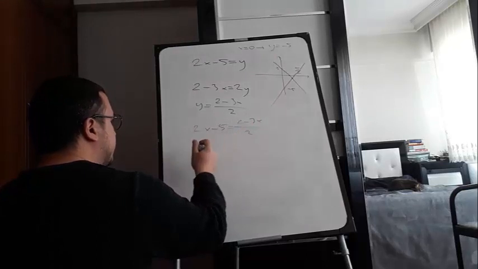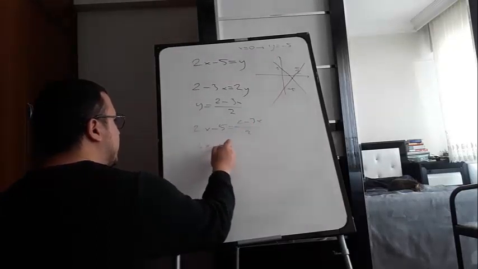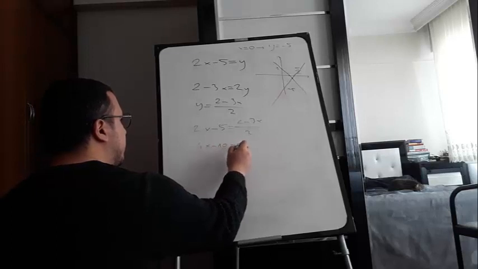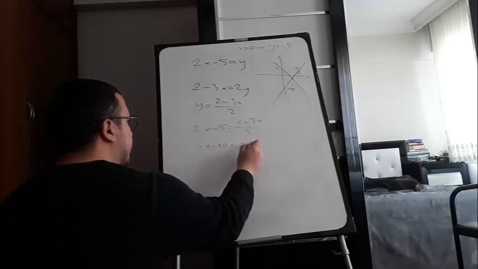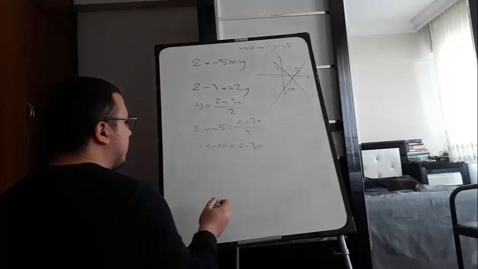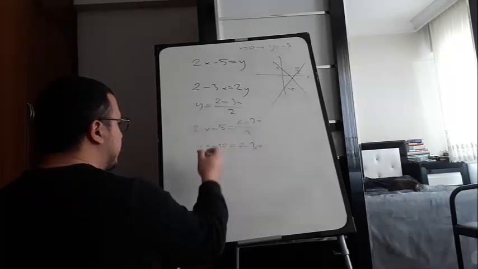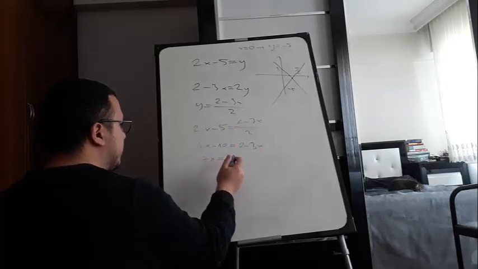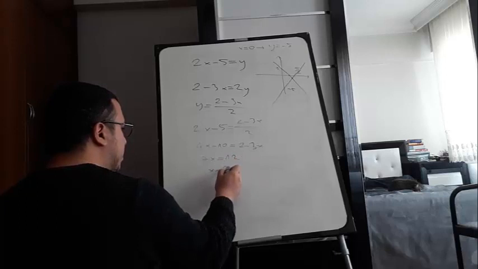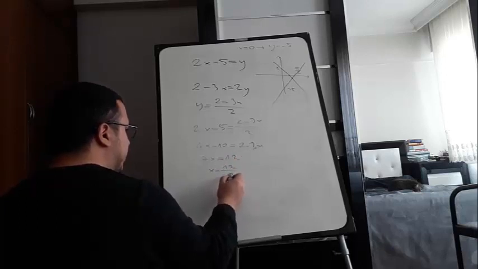We rearrange this equation: 4x minus 10 equals 2 minus 3x. And arrange again: 7x equals 12, x equals 12 over 7.